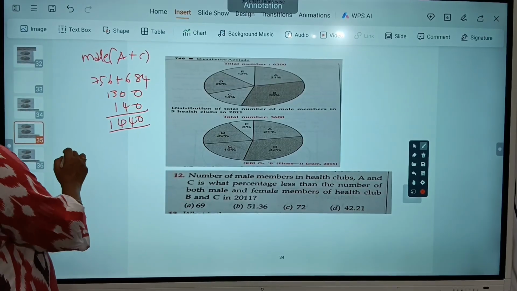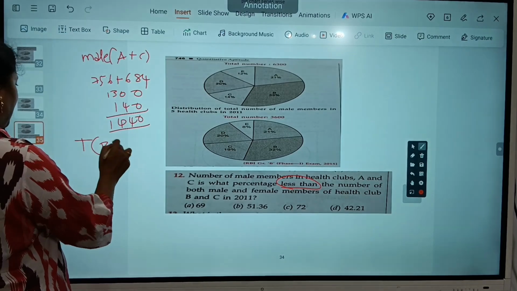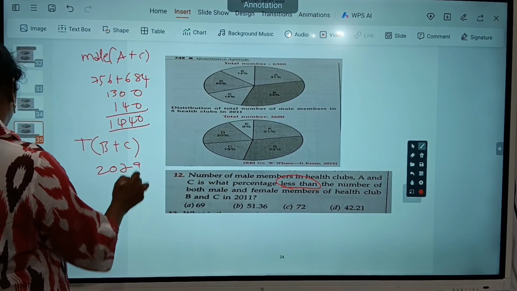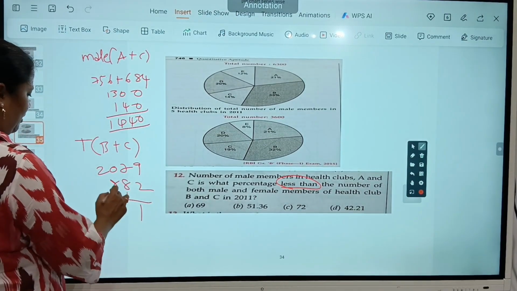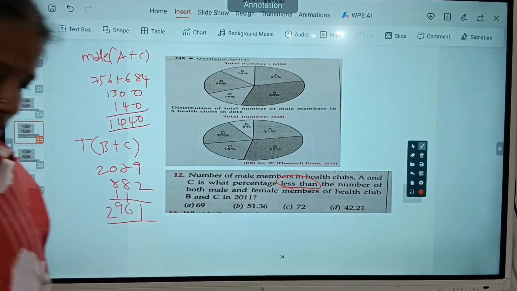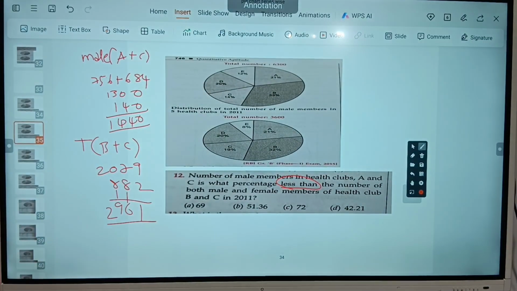Okay, and total number of people in health clubs B and C is 2079 plus 882. So this is nothing but 2961. One minute guys, I am getting doubt that I wrongly noted members for club B. That's why checking in the table.